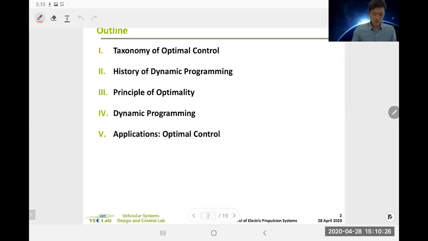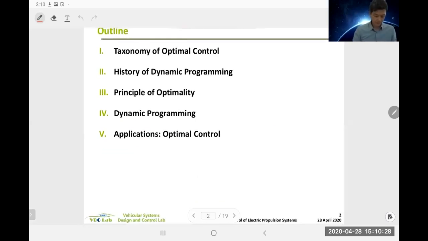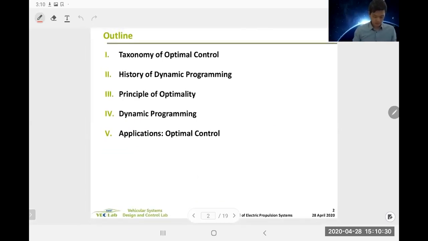So let's move on. So we're gonna start with, for the next couple of weeks, we are going to learn optimal control theories. Okay.